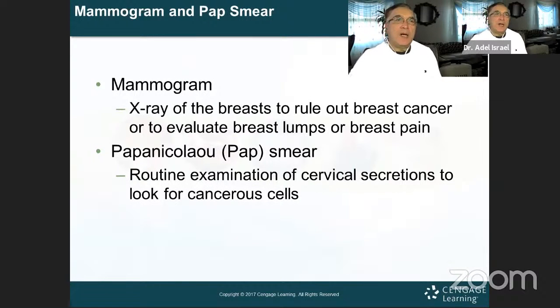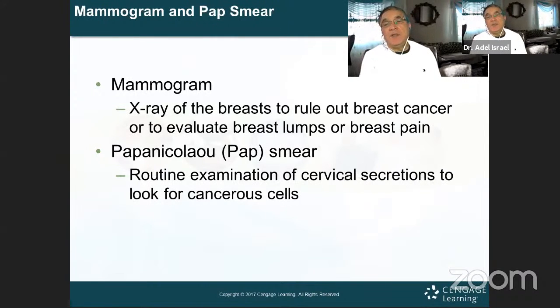Mammogram, you are also familiar with this. A mammogram is a special form of X-ray, but as you know, the X-ray is very good for radio-opaque material like bones, but it is not good for tissue. So I can't do an X-ray of the deltoid muscle. It will not help me much, but it gives a shadow.